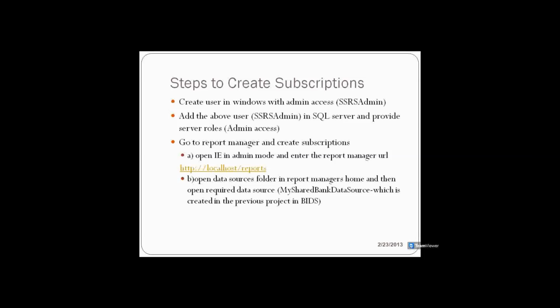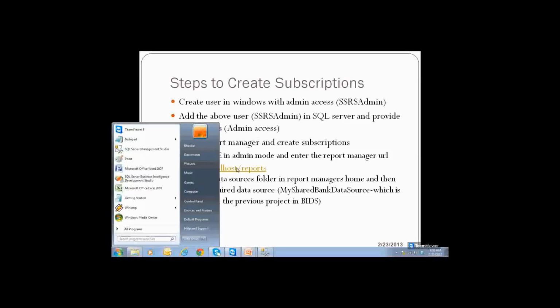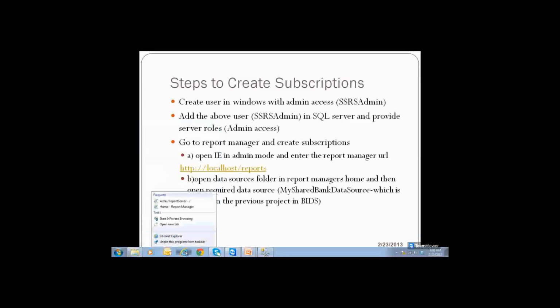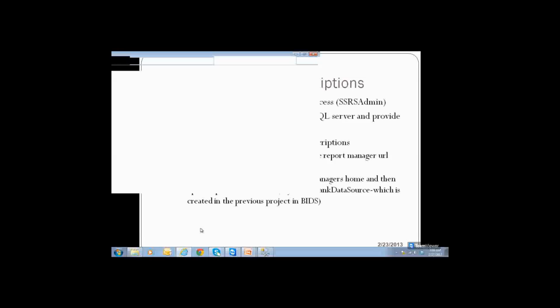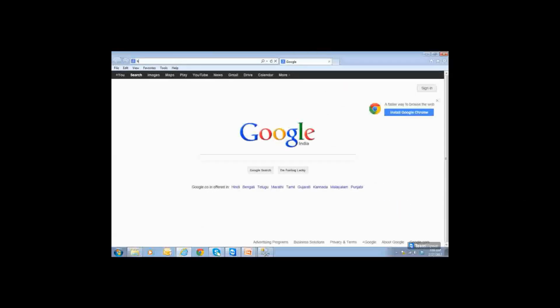To do that, open IE in admin mode. So I'm opening IE: right click on Internet Explorer, run as administrator. Yes, here what I'll do is type the HTTP name, that is localhost/reports. Reports is the manager.